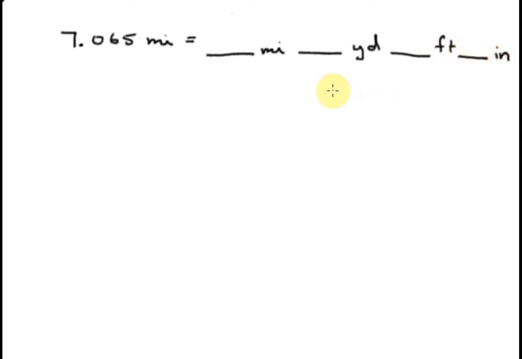Okay? Now understand, I'm not doing 4 different conversions. I'm taking this 7.065 miles and saying, oh, that's like 7 miles and 2 yards and 1 foot and 3 inches. Okay? All of these combined have to equal 7.065 miles.